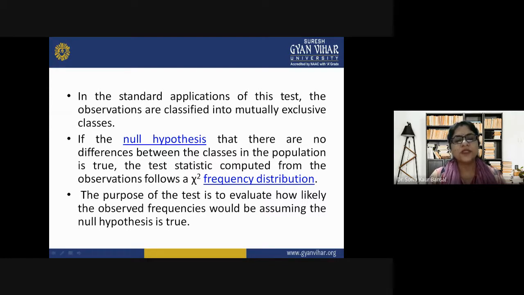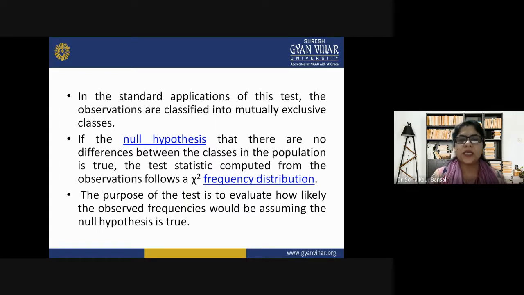From the researcher's point of view, some frequencies are more in number and some are less. So we check how significantly different the frequencies are and how much the variation is.